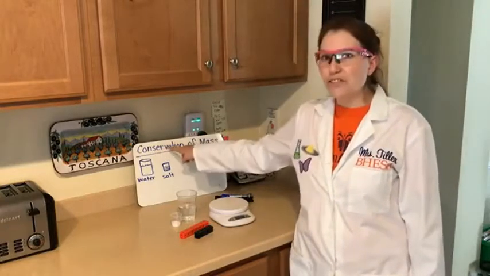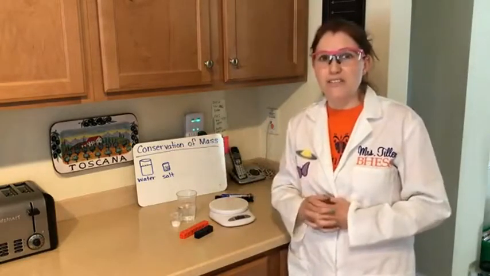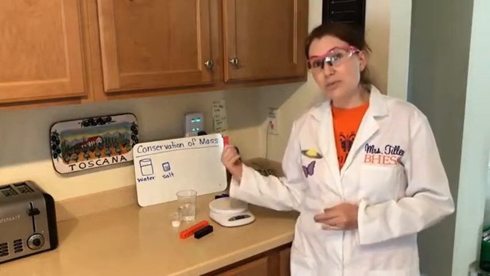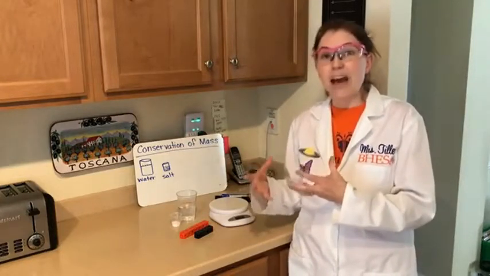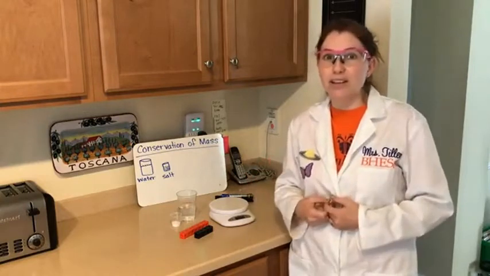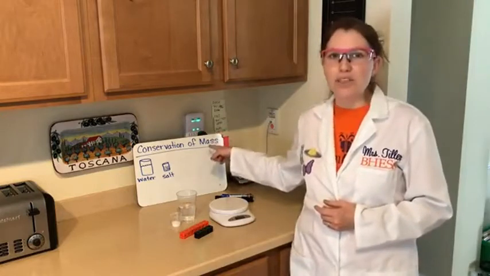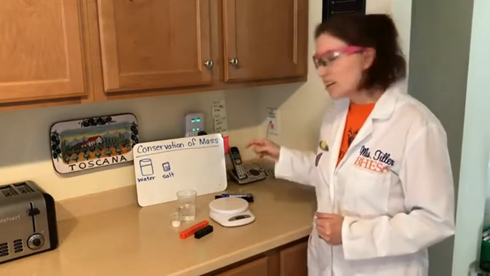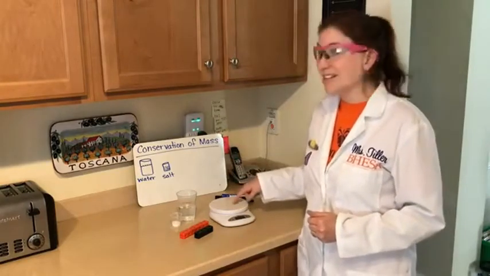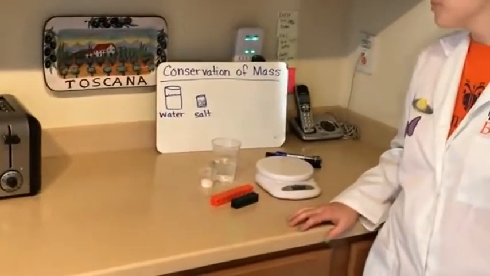So conservation is when we talk about conserving or saving something. And in this case, we're talking about the mass or what's in the matter, the stuff that we're talking about, like what it's made out of. Most of the time when we measure mass, we think about weight or how heavy it is. So, because of that, we're going to do an experiment today using a scale, and we'll actually measure how heavy things are.